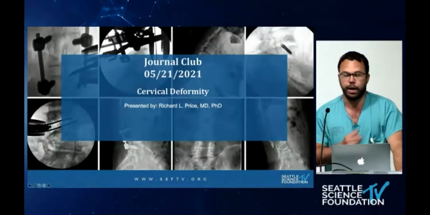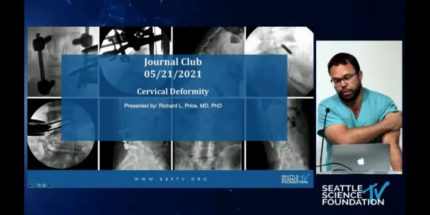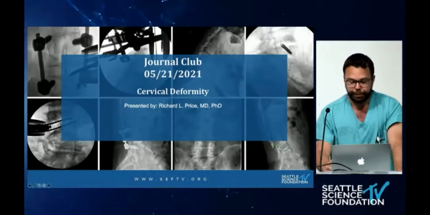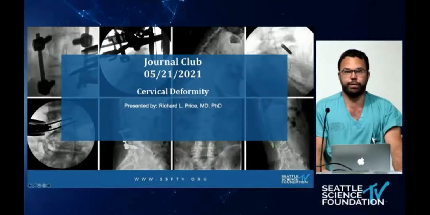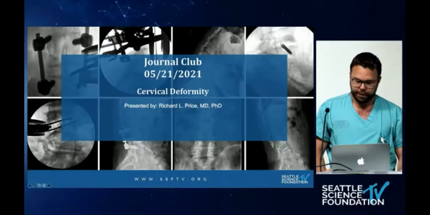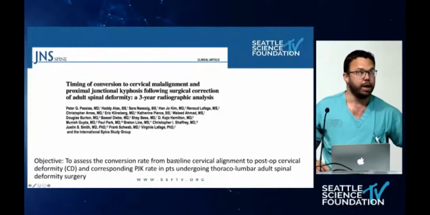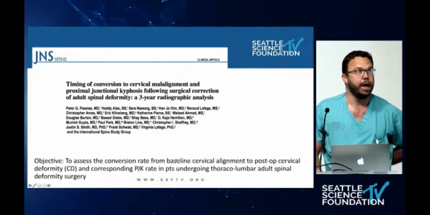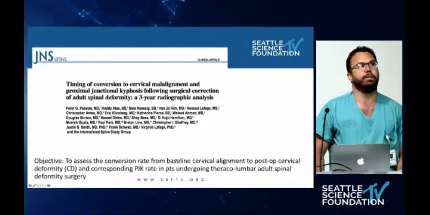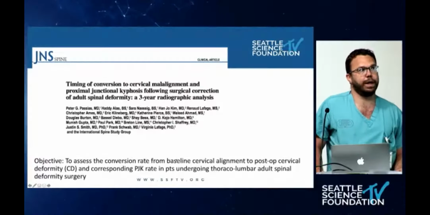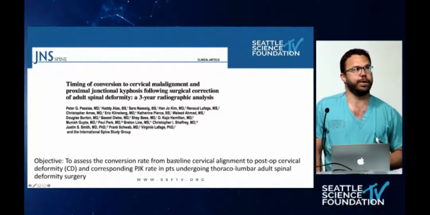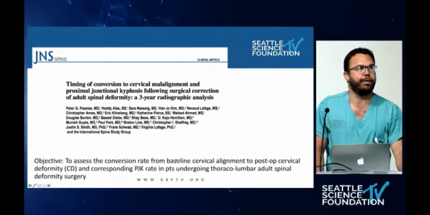This is a really good segue from what Paul was talking about. We know that when we do adult spinal deformity, it can cause a cervical deformity, but this study particularly looks at the timing of cervical deformity after spinal deformity surgery. This is a timing of conversion to cervical malalignment, proximal junctional kyphosis, following surgical correction of adult spinal deformity, 3-year radiographic analysis.